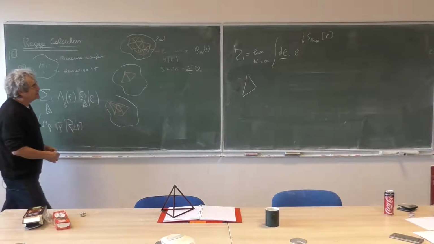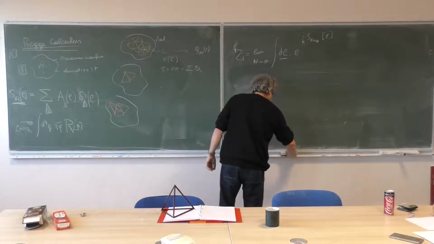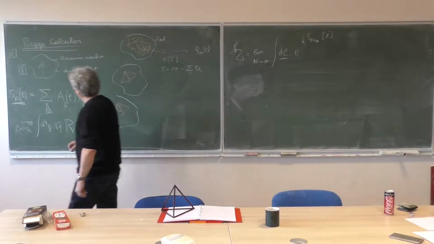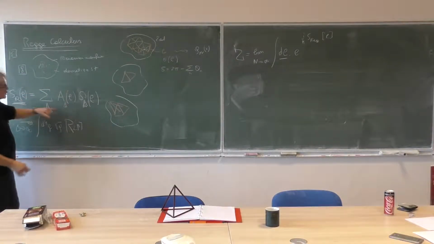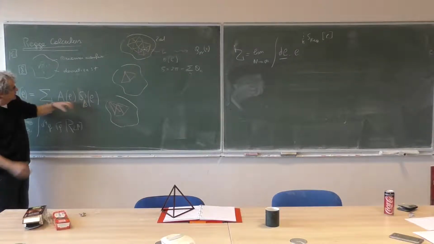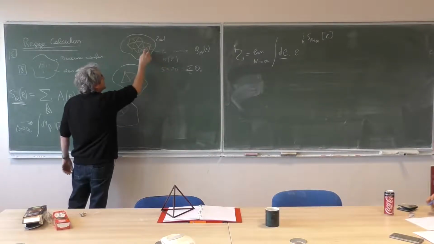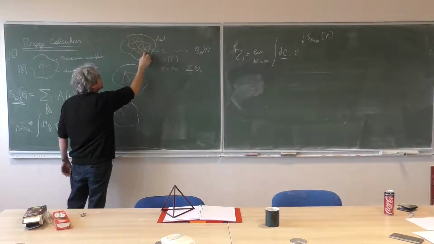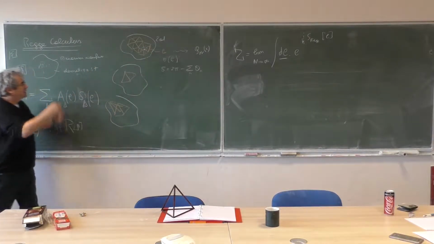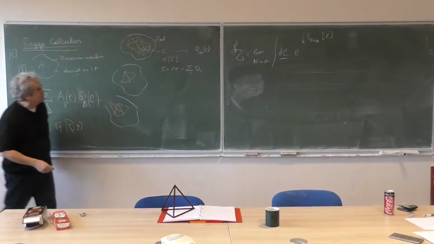Good. Now, there's something more I want to say about Regge, because it's going to play a role, which is that there is another way this can be written by rearranging the terms. So this angle here, apart from the 2 pi, is a sum of one term per each simplex around. So this can be written as a sum of a term per each simplex, and the area can be associated with the different simplices.